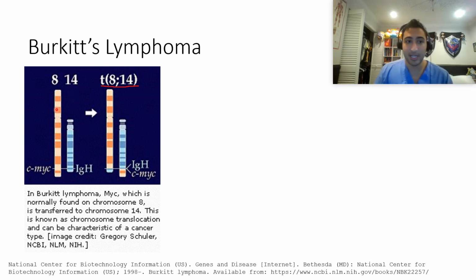Now you can imagine Myc needs to be switched on and off depending on the context. But in an immune cell whose job it is to make antibodies, IgH is always going to be expressed, right? That's one of those more active promoters. So there's the concept of the weak promoter and the strong promoter.